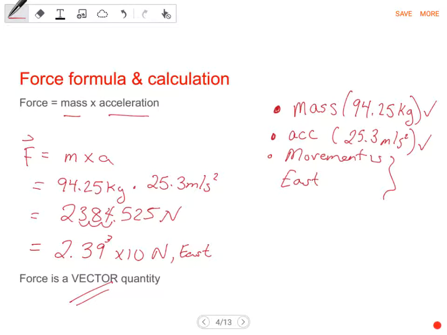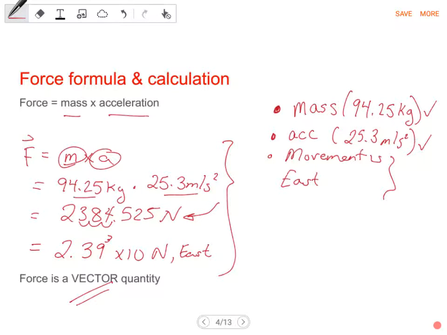If someone said to you, calculate how strong or weak that force is, you have to take the mass and multiply it by the acceleration, okay? So I did this here, and this shows you the proper way of calculating force. You have your kilograms, your mass, and your acceleration. It does give you this big ugly number here in newtons.